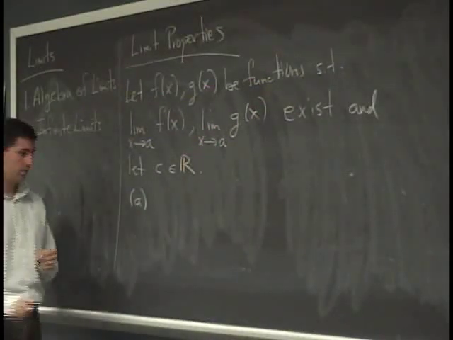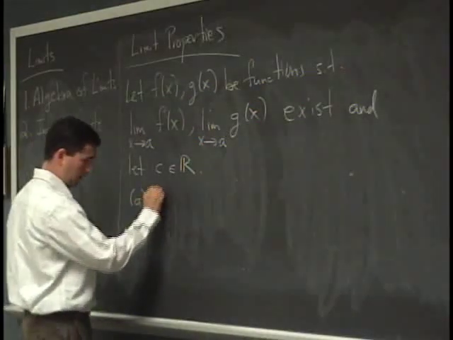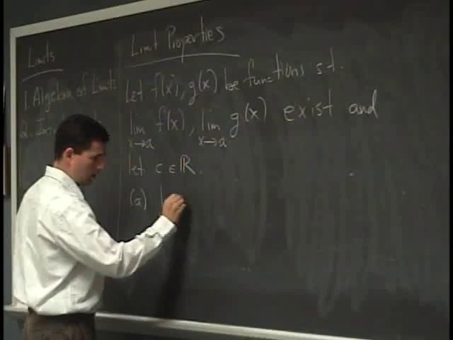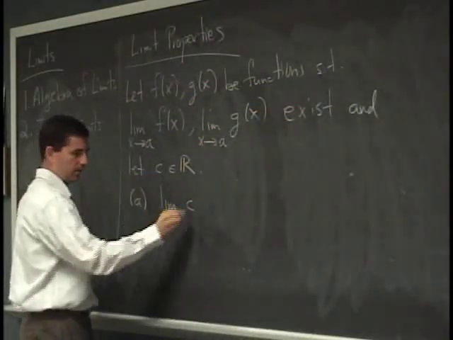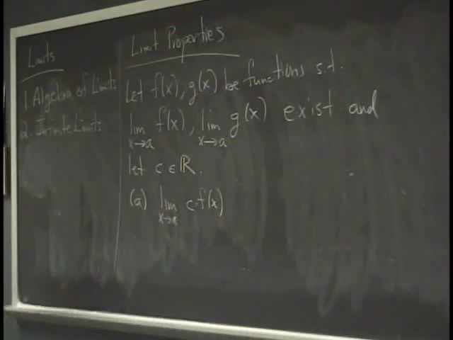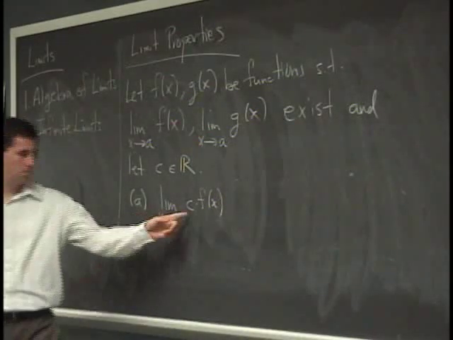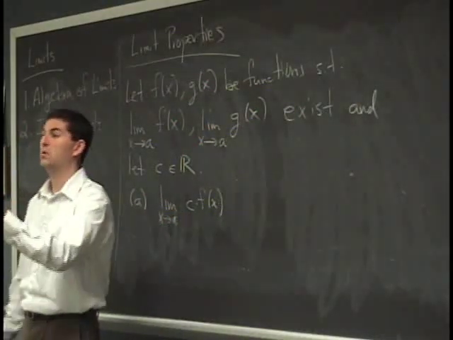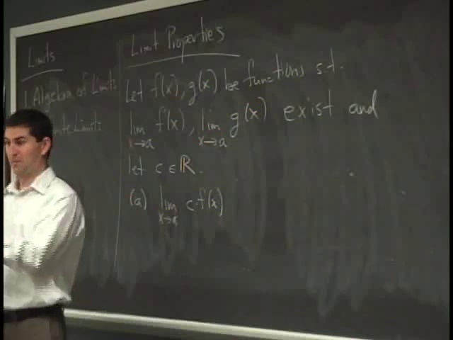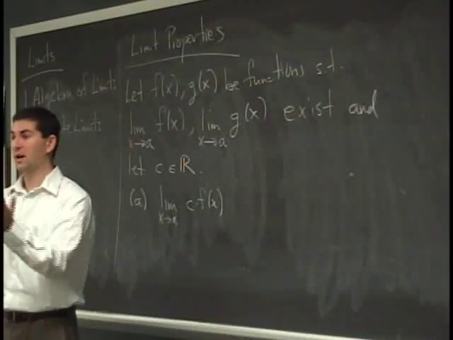The first statement we want is the following. Let's say I take my function and I multiply it by this constant c. For instance, you take the function x squared and the constant 3. You can talk about the function 3 times x squared.